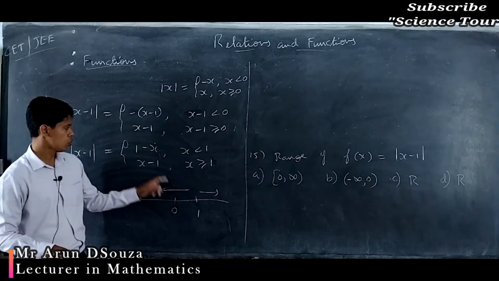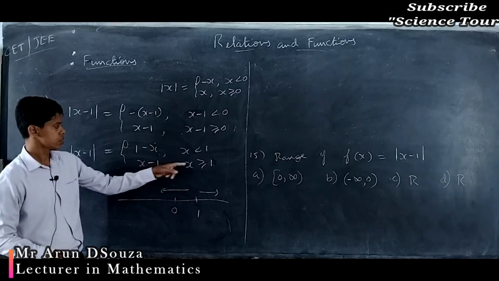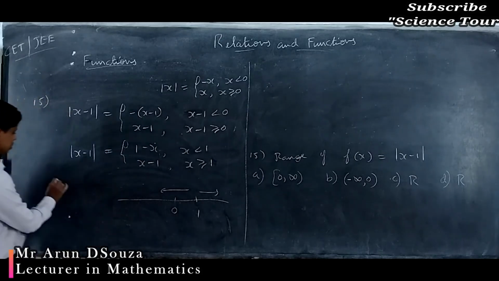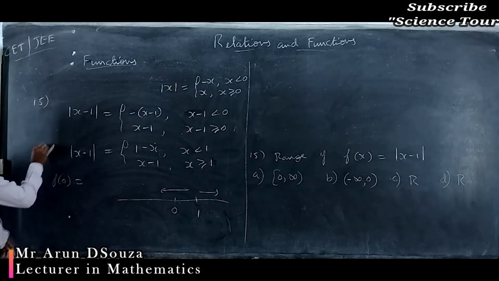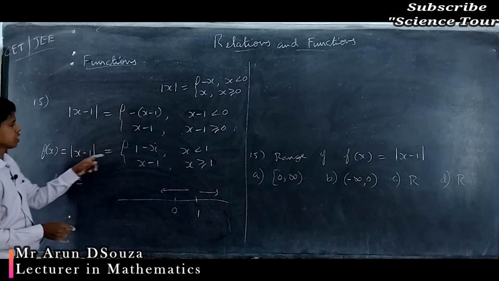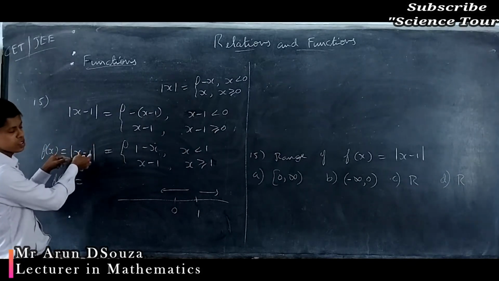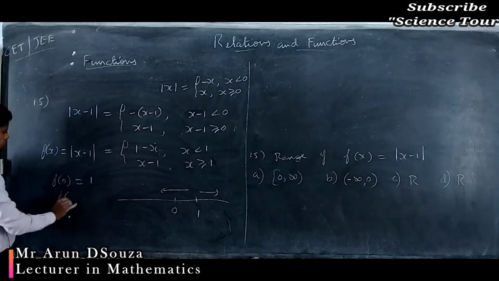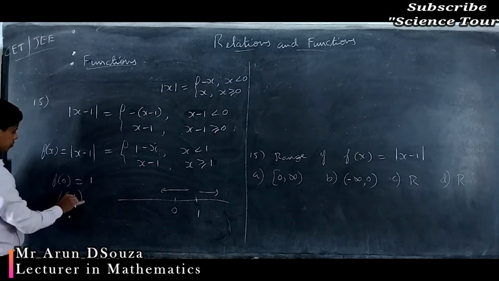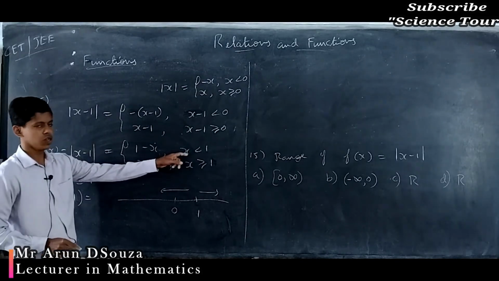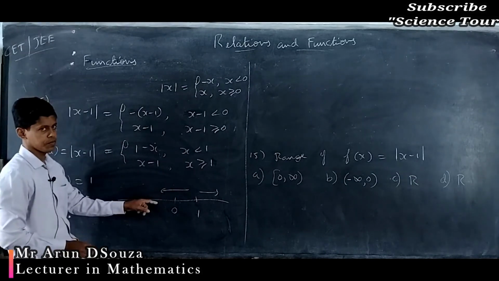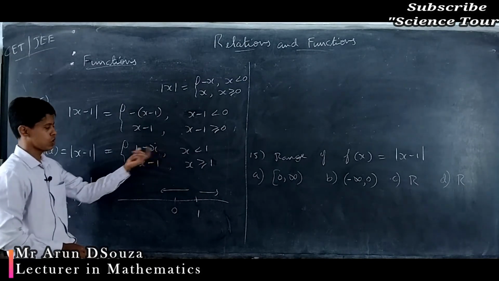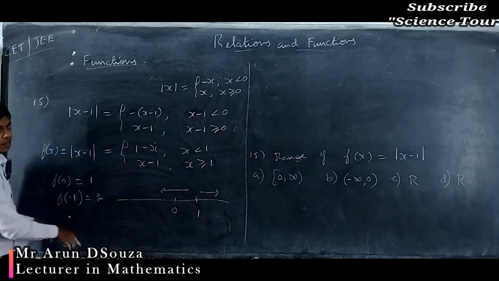Now if you put 0, which is less than 1, you have to put it here, so f of 0 will be mod of minus 1, which is 1 itself. And f of minus 1, also less than 1, is minus of minus 2, that is plus 2, and it goes on like that, it increases.